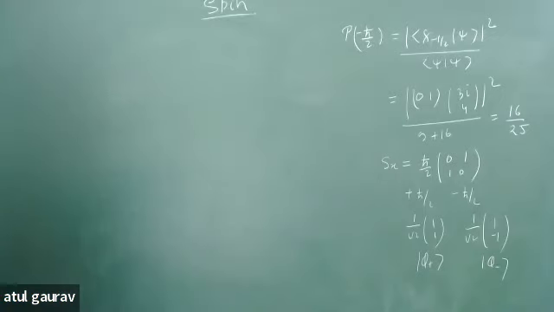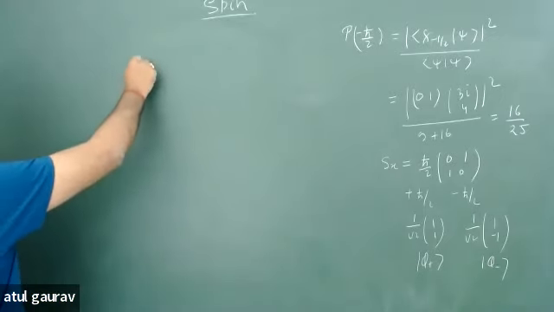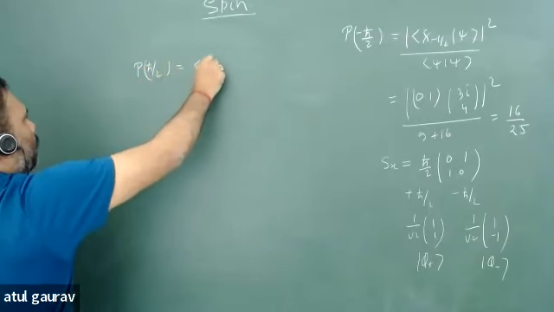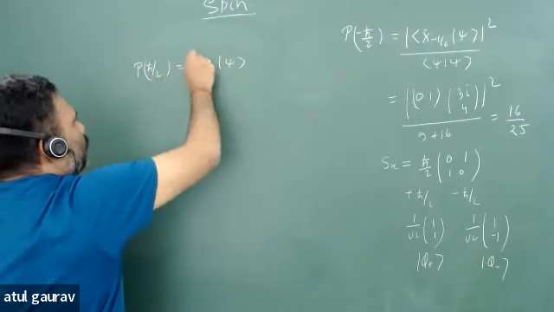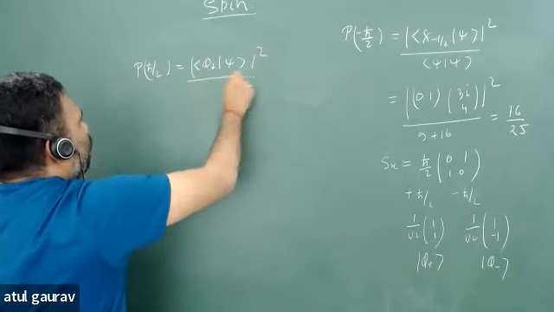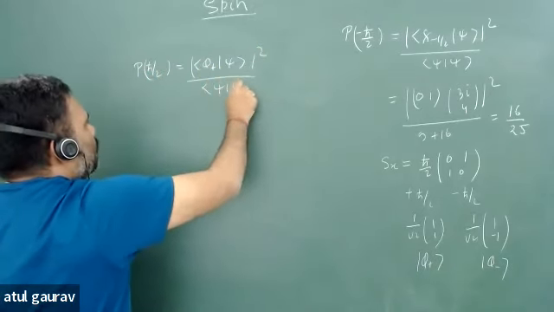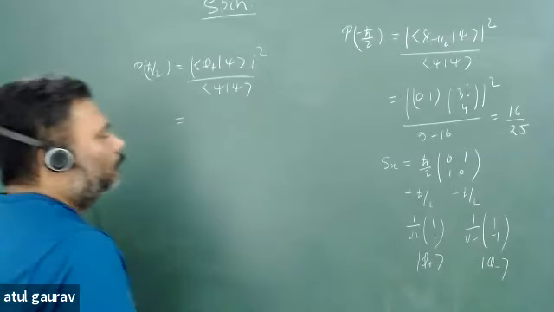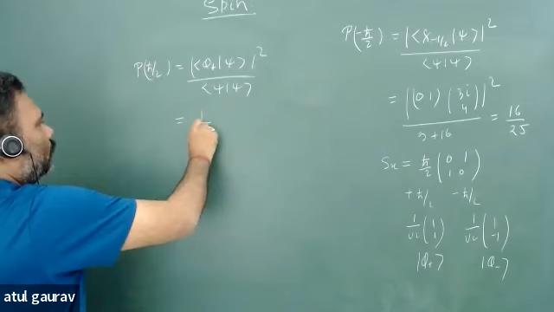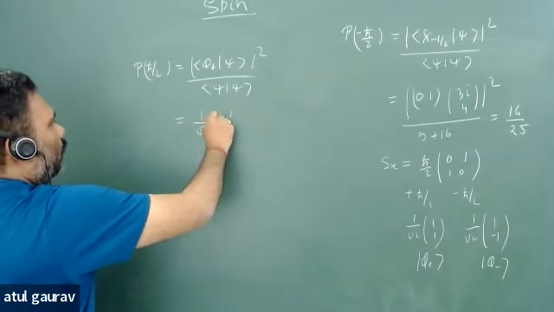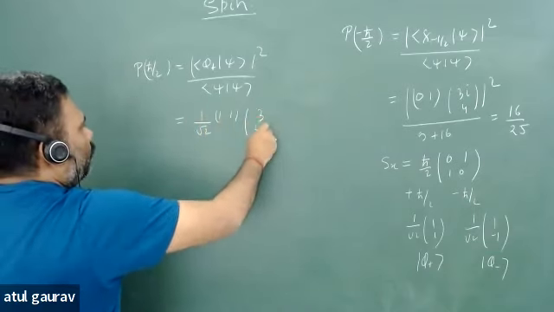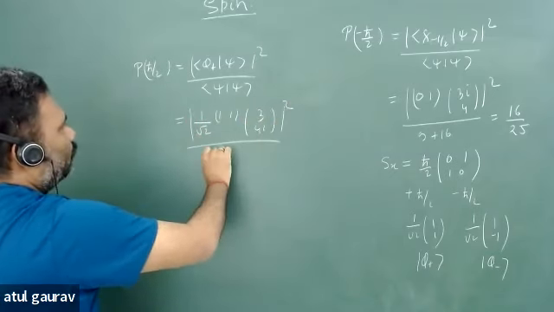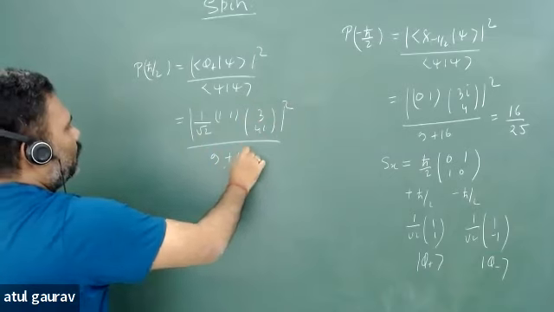So the probability of h cut by 2 is equal to chi plus dagger psi, mod square, and 1 by root 2 is very important due to the normalization factor. 1 by root 2 (1, 1) with (3i, 4) mod square, over 9 plus 16.